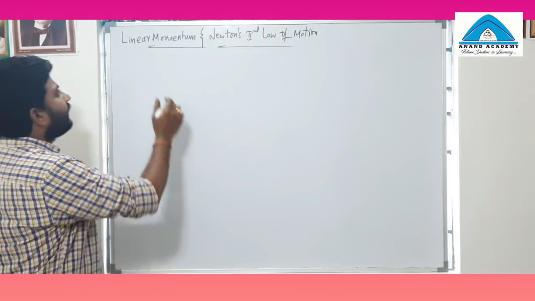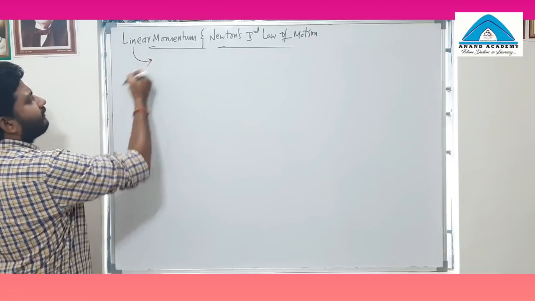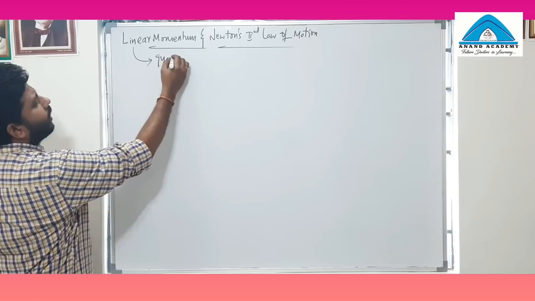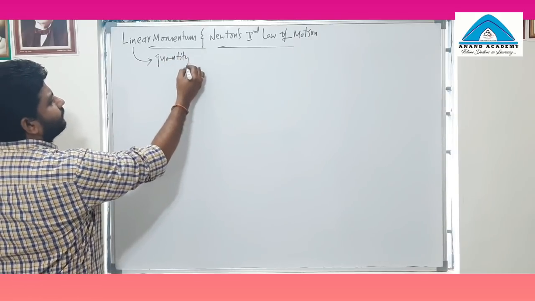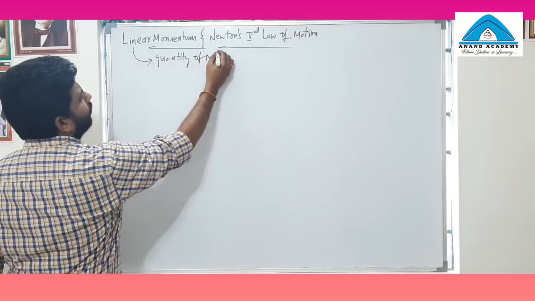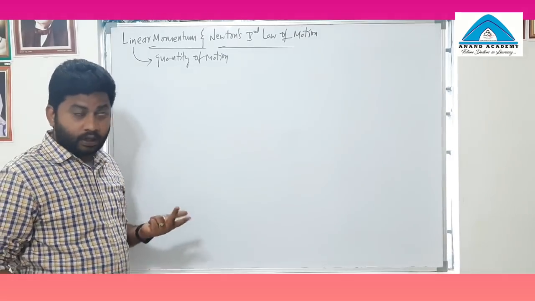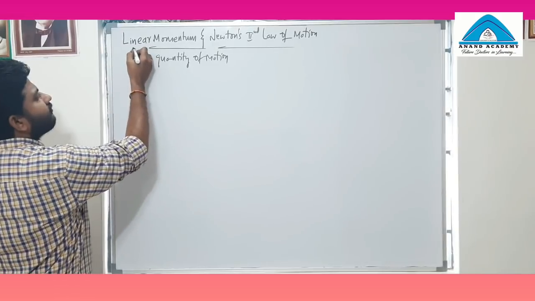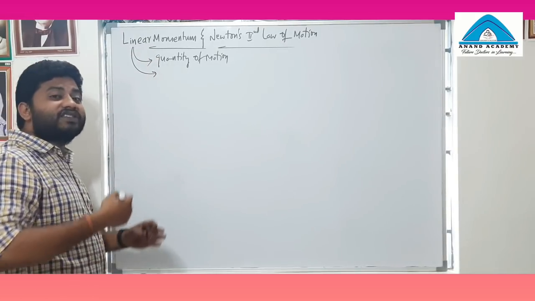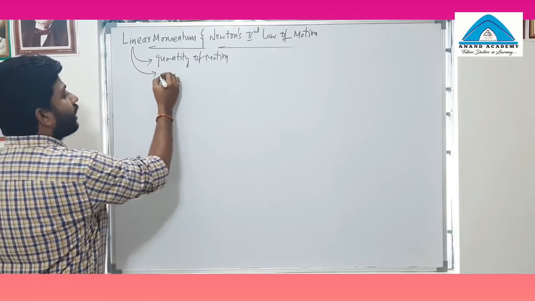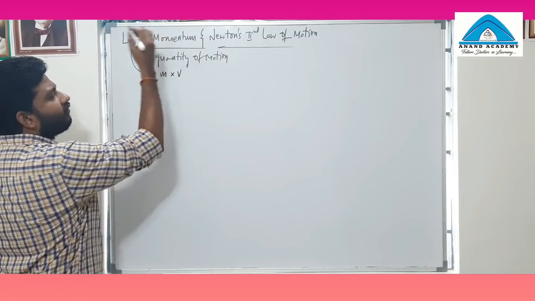Now, linear momentum. In brief, what we had discussed: it was the quantity of motion contained in a body. To measure this quantity of motion, both physical quantities are very important: mass and velocity.